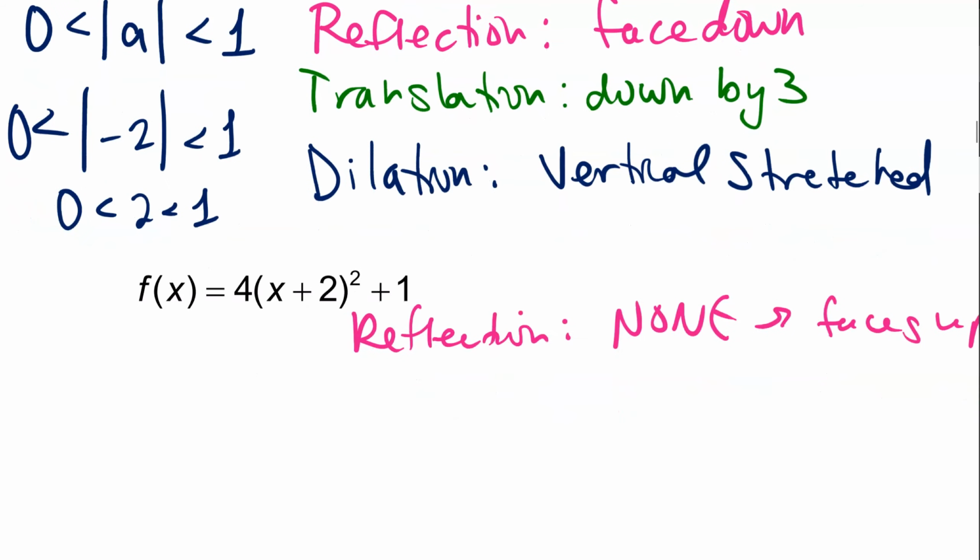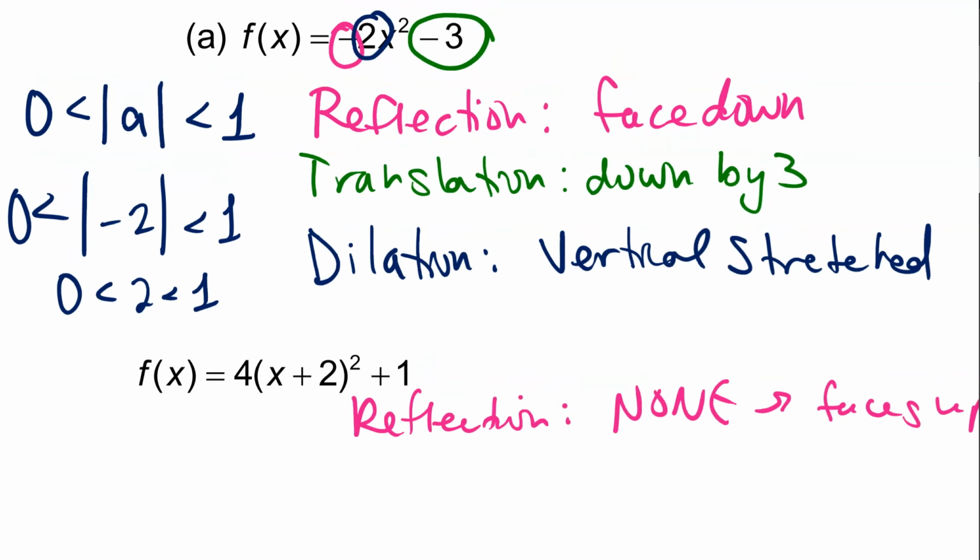Okay. So what about this second one? The 2 in front causes it to have a vertical stretch. You're multiplying all the y values by 2, so you're stretching it out vertically. The negative, all the negative does is flip it down. And the square has nothing to do with it.